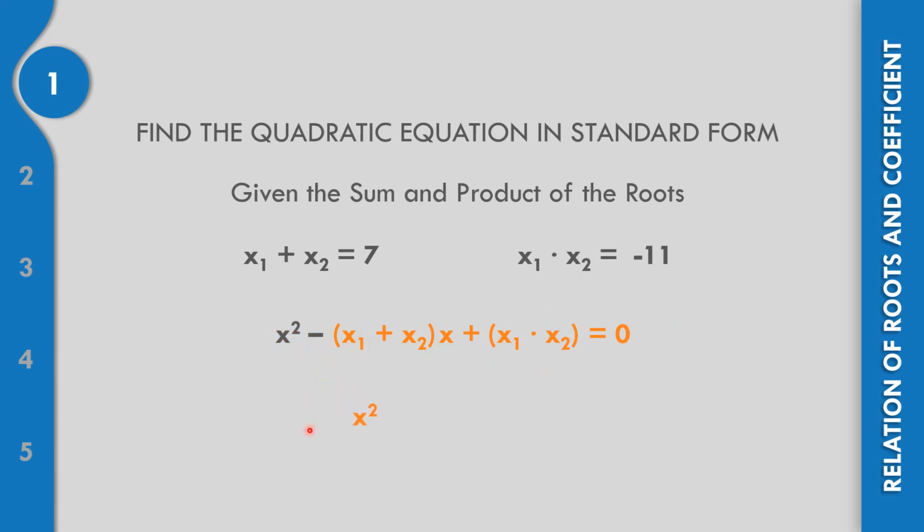First, copy x squared, and then minus the sum of the roots, so 7, so negative 7, copy x, plus the product of the roots, that is negative 11. So positive times negative is negative 11 equals 0. So the quadratic equation in standard form is x squared minus 7x minus 11 equals 0.